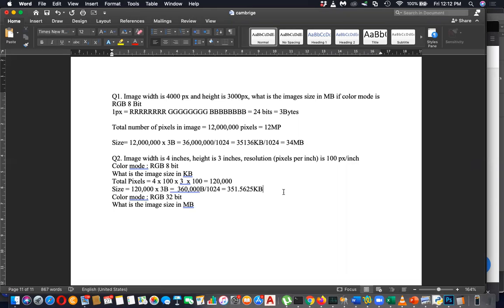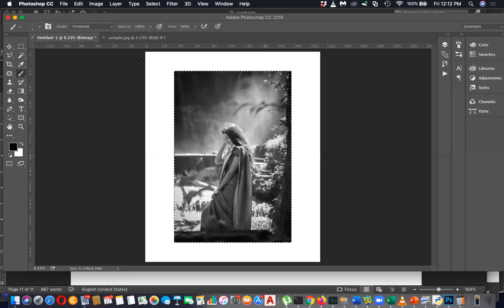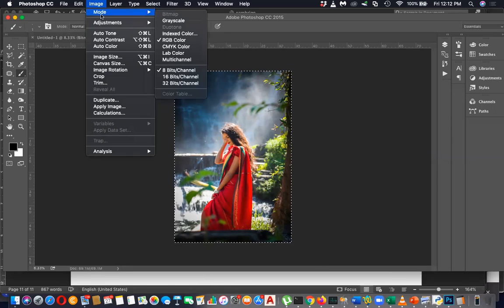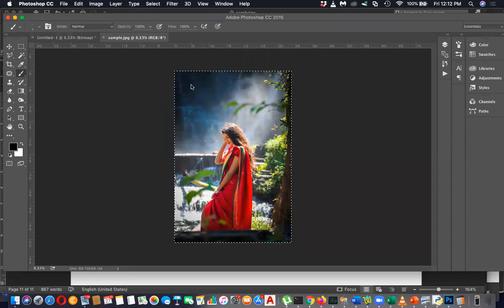Okay, then let's say the color mode is RGB 32-bit. For example, in this same image, I'm going to change the image mode to 32-bit color. 32-bit color means full HD, full high definition image. Which means the image will now get how many colors?